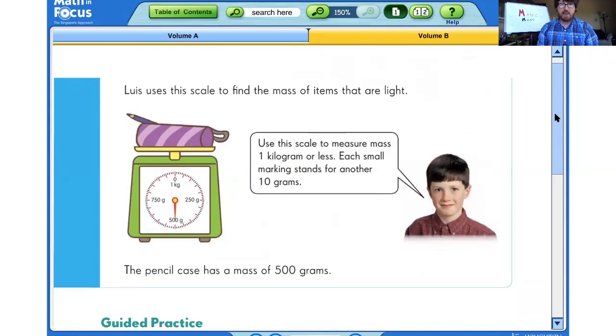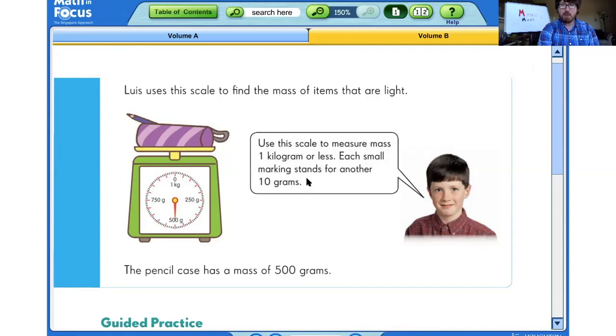Now Luis here, he's using his scale to measure the mass of items that are a bit lighter. So he's using this scale to measure mass that's 1 kilogram or less. So it's less heavy than this can of beans, which is about 1 kilogram.